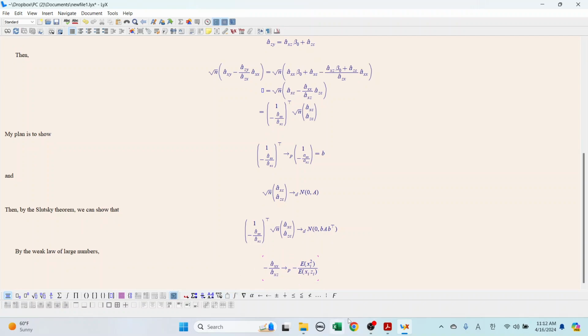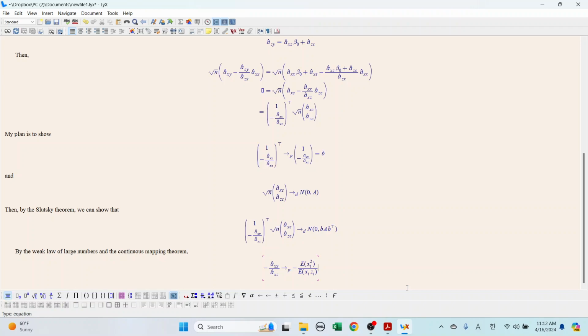So this is the law of large numbers and the continuous mapping theorem, because I combine two laws of large numbers. This converges to this, and this converges to this, and the ratio is continuous mapping, so we can conclude this.